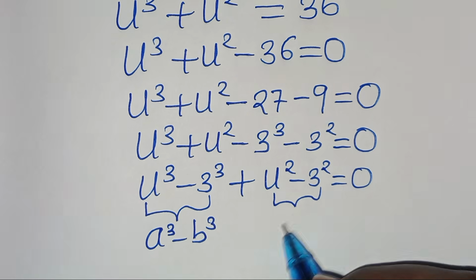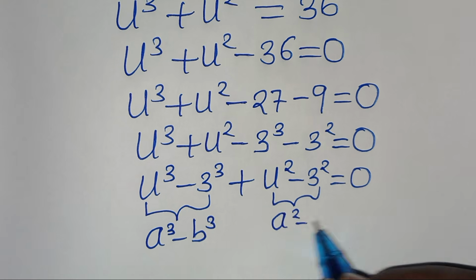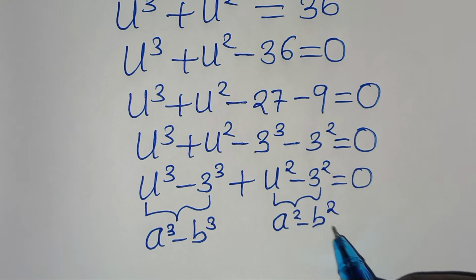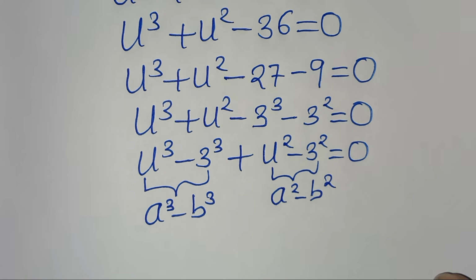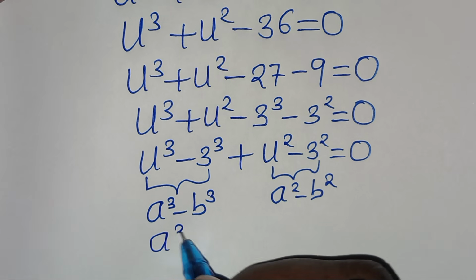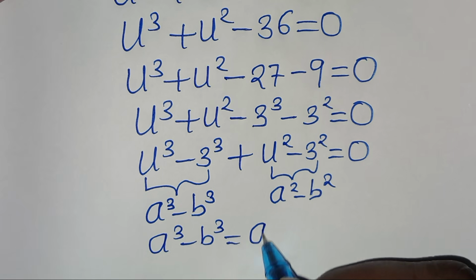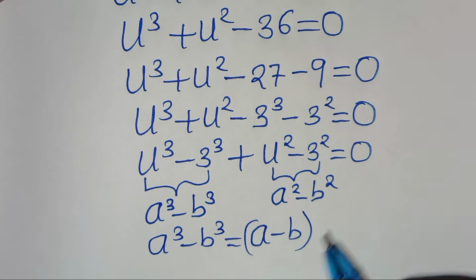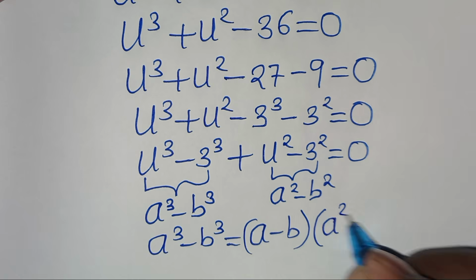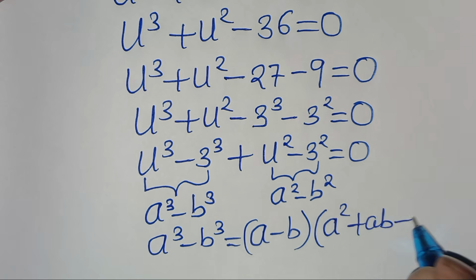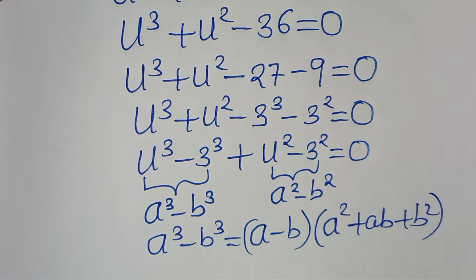And the second part, this is the difference of two perfect squares expressed as a squared minus b squared. So a to the power of 3 minus b to the power of 3 can be expressed as a minus b into the parentheses, this is a to the power of 2 plus ab plus b to the power of 2.